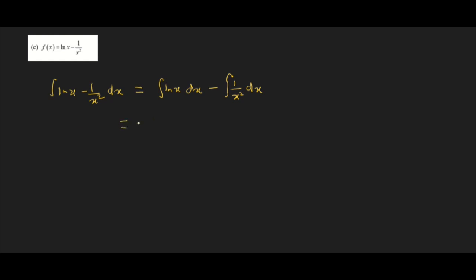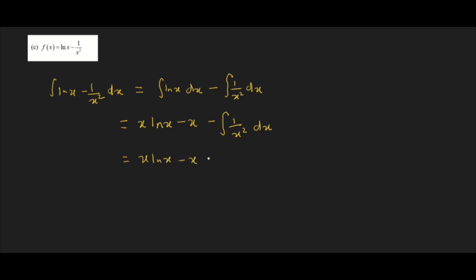So we can write the integral of log x as x log x minus x. Don't worry about the constant term here, because that will be allowed for when we integrate the second part. So we integrate 1 over x squared dx for the second part.